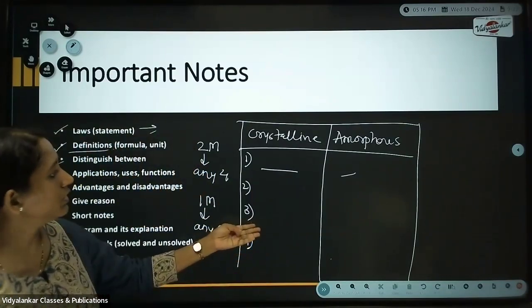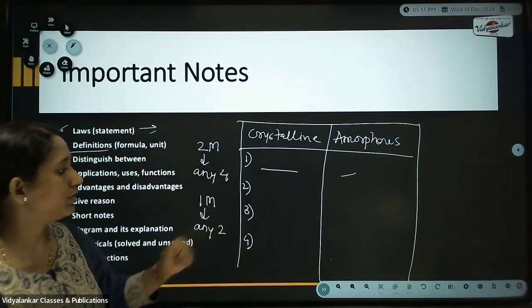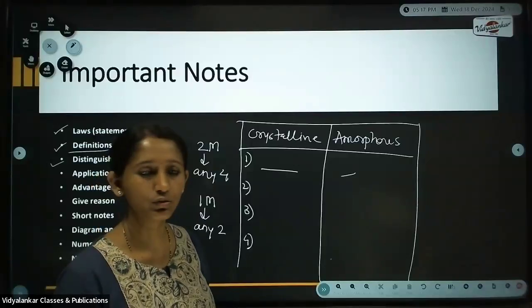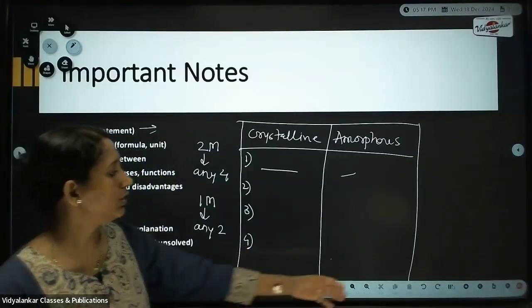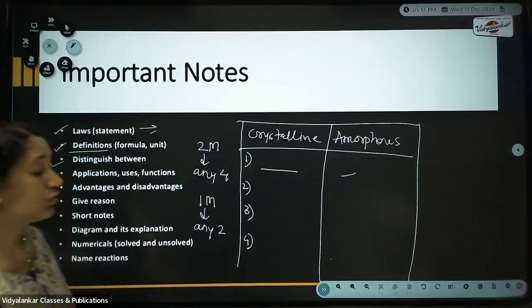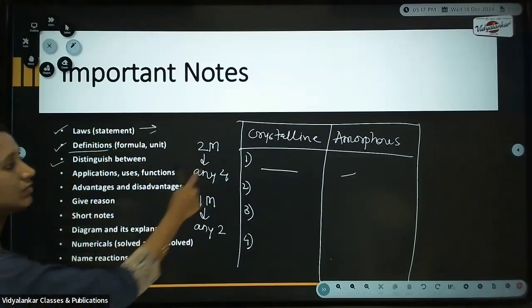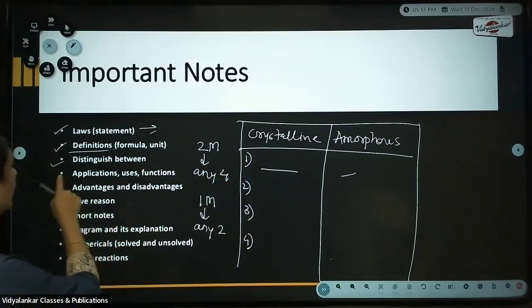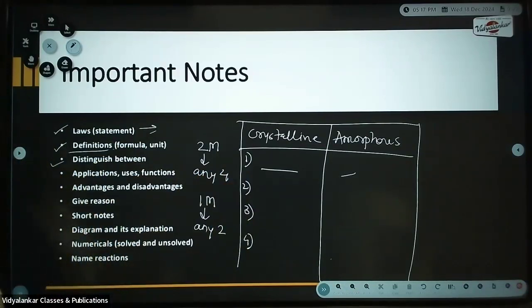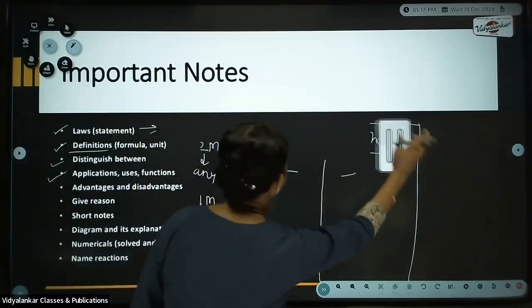After that, these show anisotropy, these show isotropy. These are true solids, these are pseudo solids. So these are the keywords of that distinguishing, and this is the pattern to refer to for writing the answer for distinguish. Clear everyone? Okay. Now let us go with the applications, uses and functions.